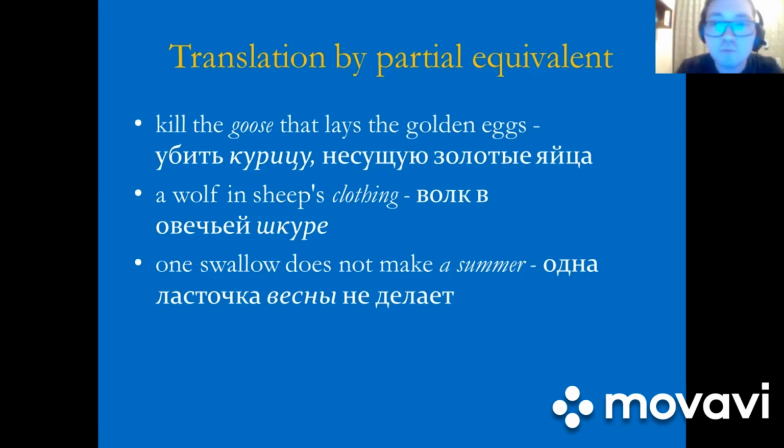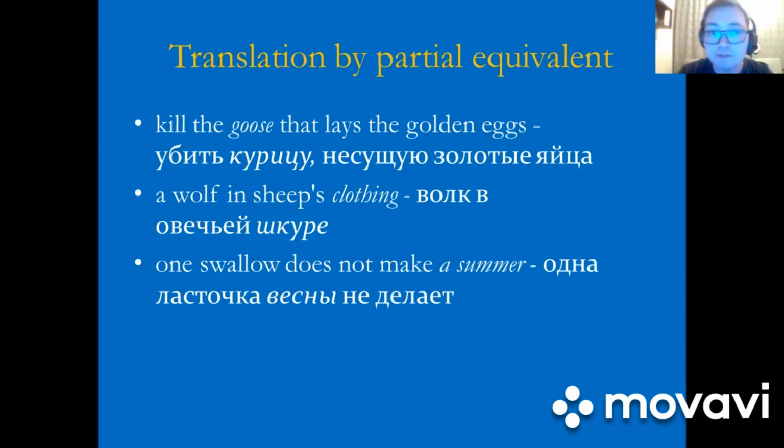So what is the difference between the two techniques, the previous one, translation by full equivalent, and translation by partial equivalent? The first one, translation by full equivalent, usually does not cause any problems. Whereas the second one, translation by partial equivalent, may cause some problems in cases when the imagery is somehow developed further in the text.